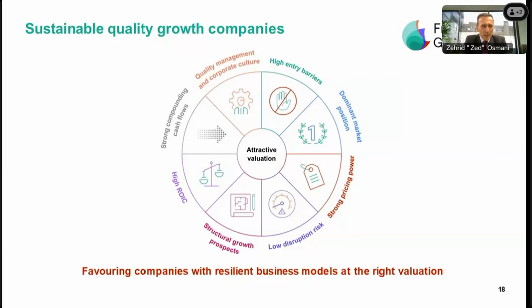Structural growth prospects is important, looking at that 5 to 10-year time horizon. High returns on invested capital, which we've highlighted is a commonality of most of the holdings that we have. Strong compounding cash flows and solid balance sheets, and quality management and corporate culture. And at the heart of this wheel, attractive valuation, because valuation discipline is always critical for us.